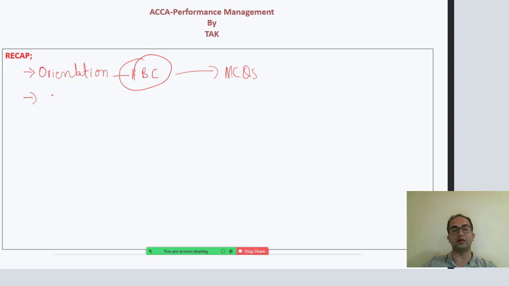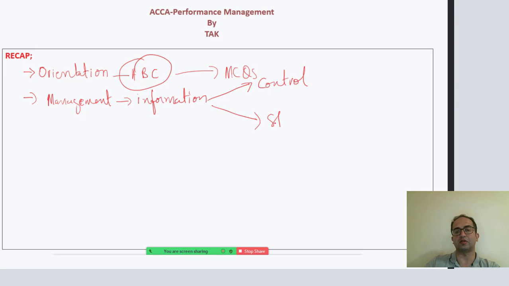Then we kicked off the discussion of performance management with the topic of managing information technologies, and we discussed that every level of management has a different appetite and requirement for information. Some require more control, some require more strategic direction.